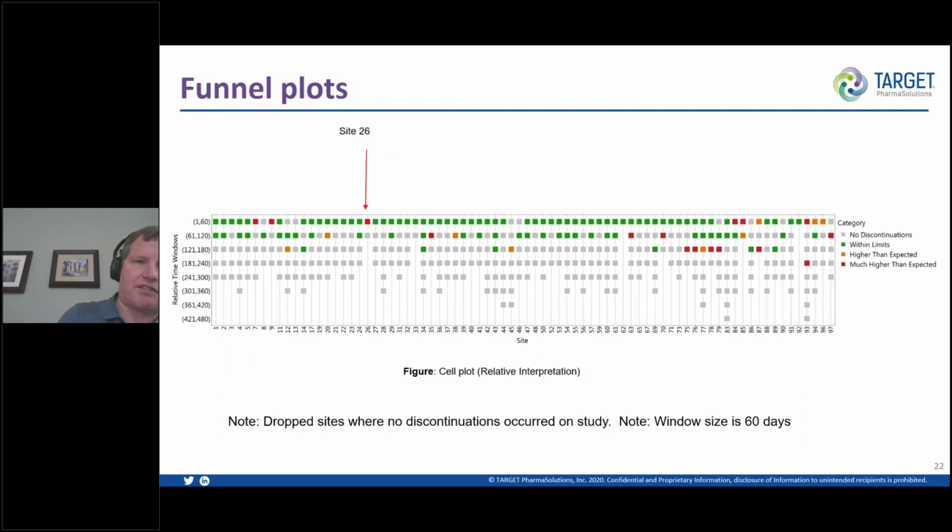But if we look at a relative interpretation, if we talk about their first 60 days, it looks like they had some initial trouble, but then that trouble has not continued into the next 60 days based on lack of available data. Essentially, there's no discontinuations. So their quality in terms of the number of discontinuations has improved.